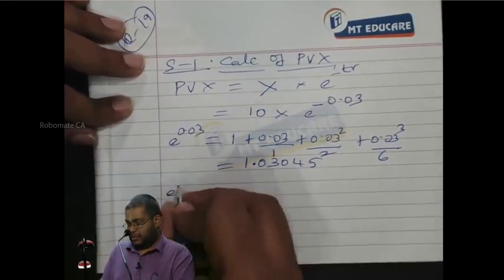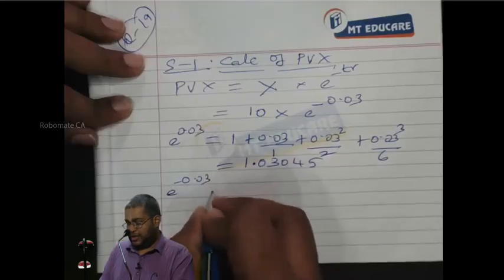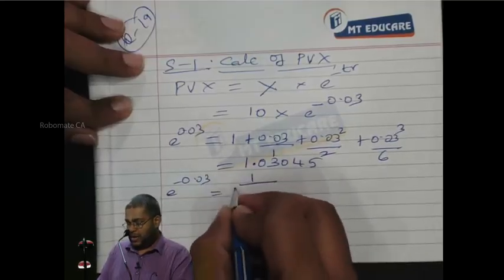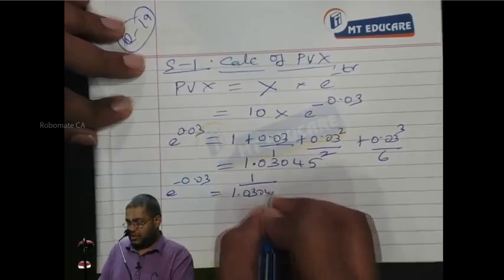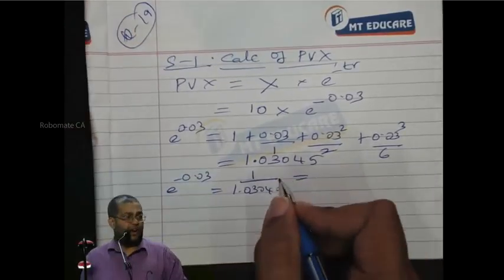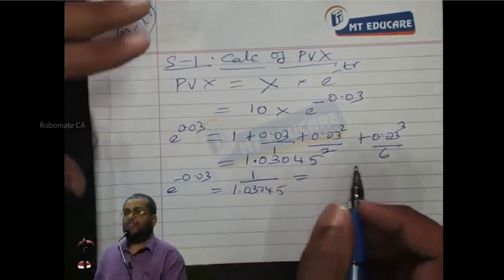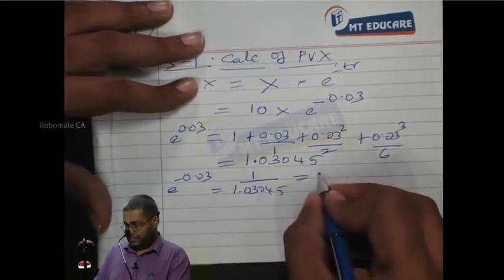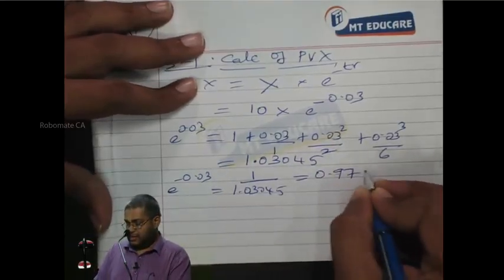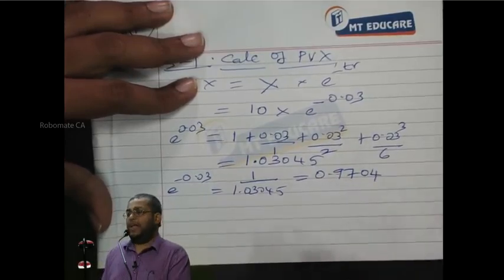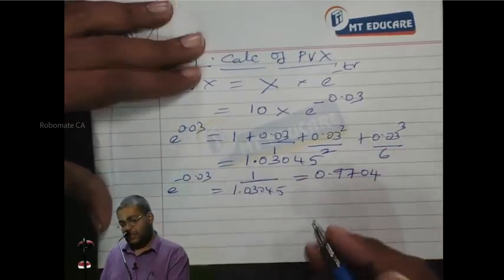I want e power minus 0.03, which is equal to 1 by 1.03045. Are you all following? 1 by 1.03045 is 0.9704.